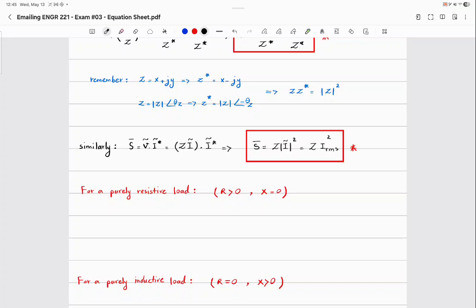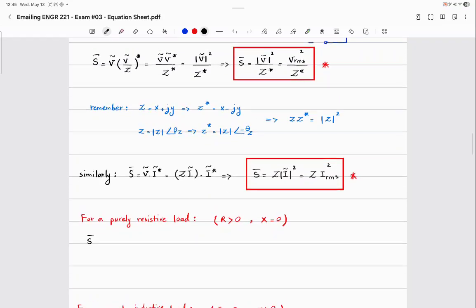Reactance, okay? So reactance is 0 because it's purely resistive. Let's rewrite the equation for S, or S bar. So I should write Vrms squared divided by, what is the impedance of a resistor R? R.